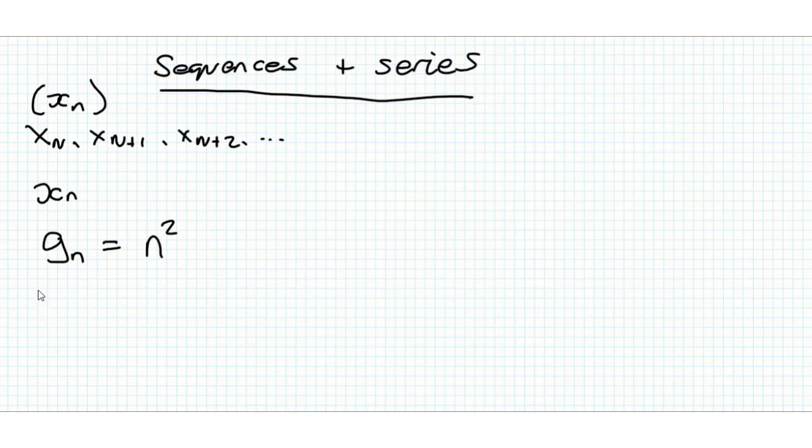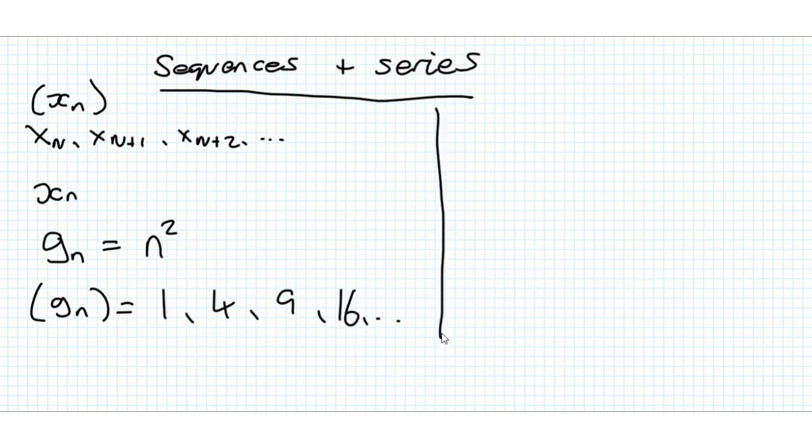That gives us g of n is equal to 1, 4, 9, 16, and so on. Okay, so that's an example of a sequence. Just a heads up in future, because we're really going to be getting into these, whether sequences and series converge, some limit tests, all sorts of theorems. But this video is just a quick introduction.